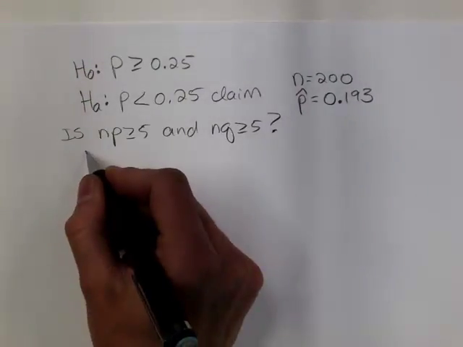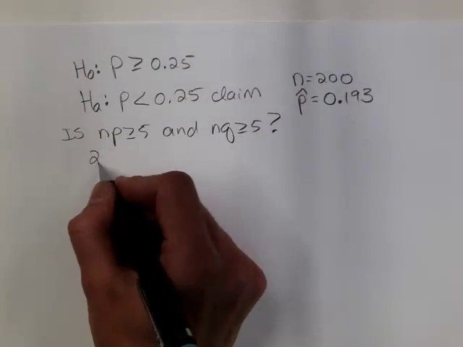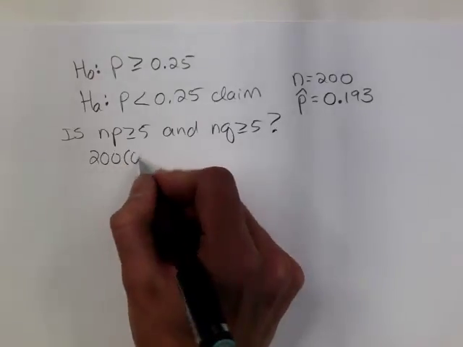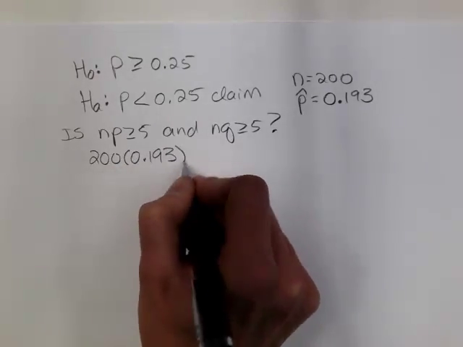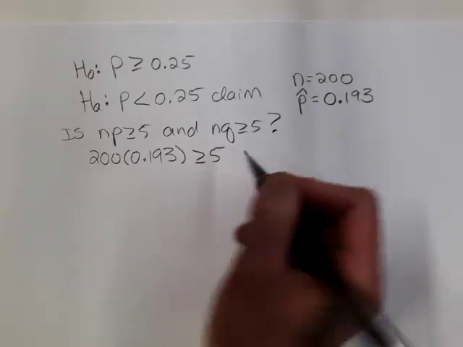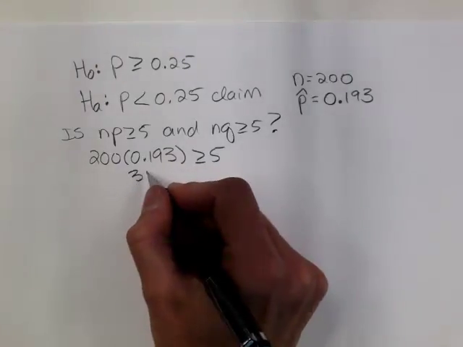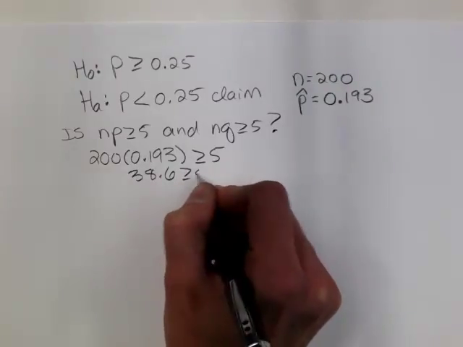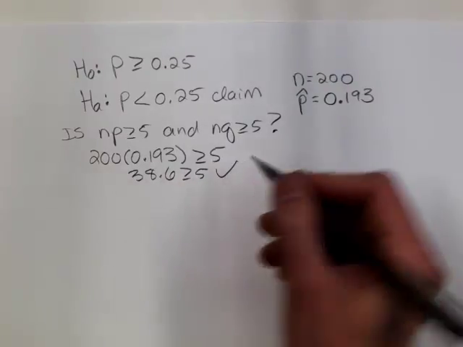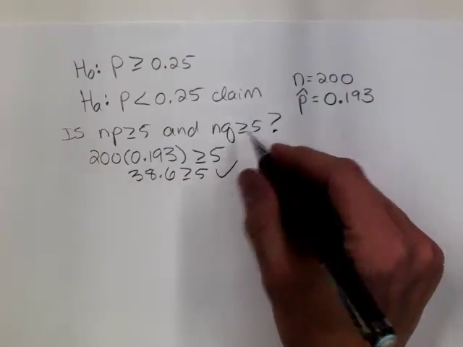So the question right here is, is 200 times 0.193 at least 5? Let me get that actual value. So 200 times 0.193 is about 38.6. It's greater than or equal to 5. And we need to check n times q.